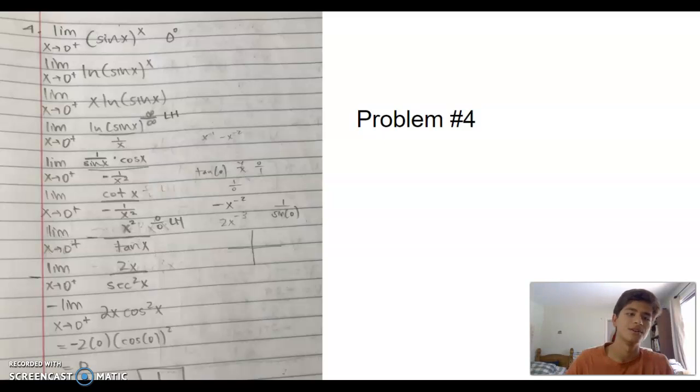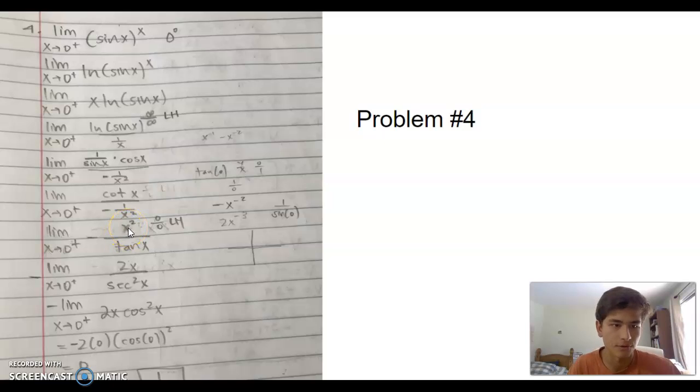So then you take the derivative of that, which you can see in this step. The derivative of ln sine x is 1 over sine x times the derivative of the inside of the function because it's chain rule. And then the derivative of the bottom is what it is. You can simplify that to cotangent of x on the top, and then negative 1 over x squared.